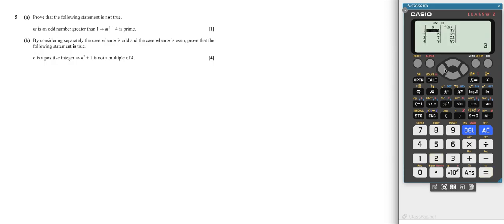So what have we got? 13, 29, 53, 85. I can clearly see 85 is not prime because it ends in 5.